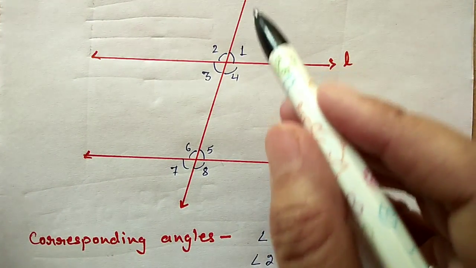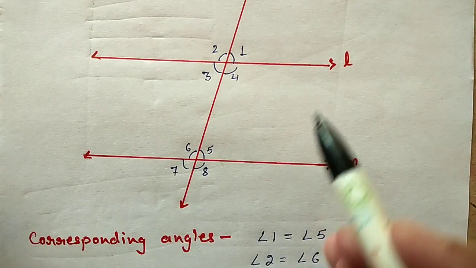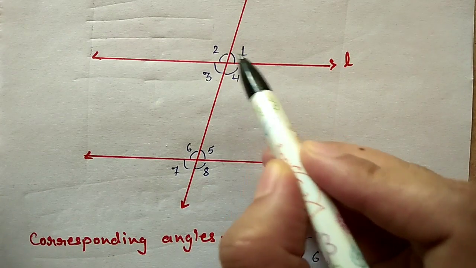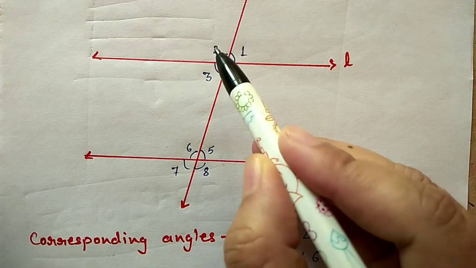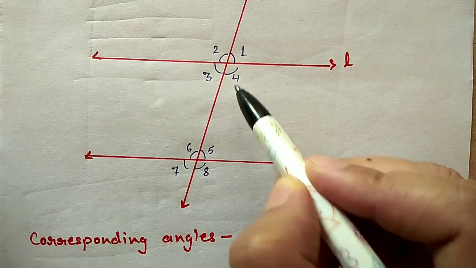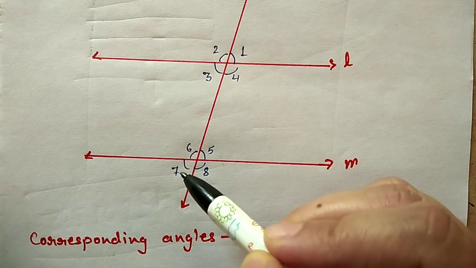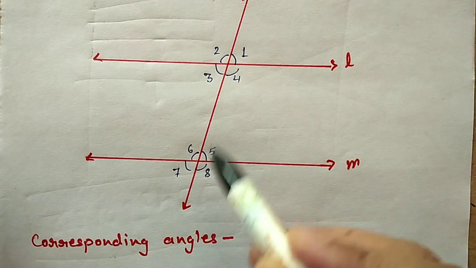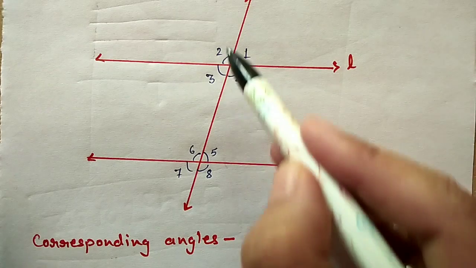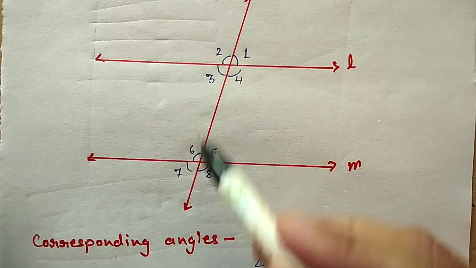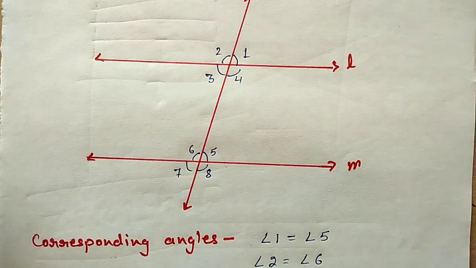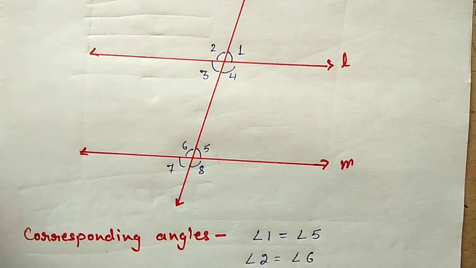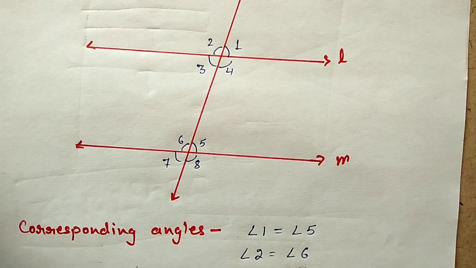Imagine if I cut this part and keep it here, then this angle, this one, this 4 and 8, these are called corresponding angles, and for parallel lines these corresponding angles are equal.